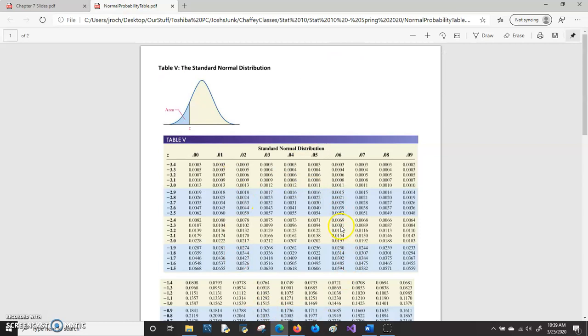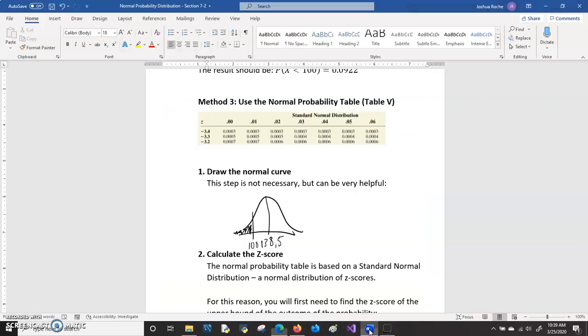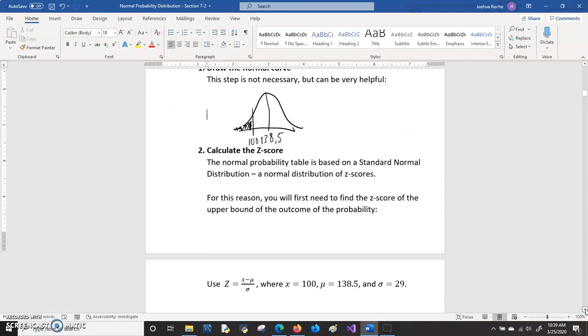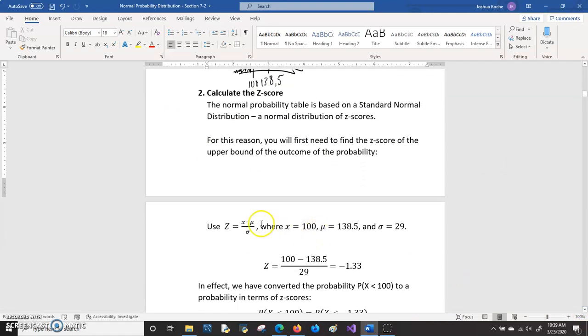This is what it looks like. This table is what they call the standard normal distribution table. And that means that all of its values are based on z-scores. So before using the table, we'll have to find the z-score for x being 100.